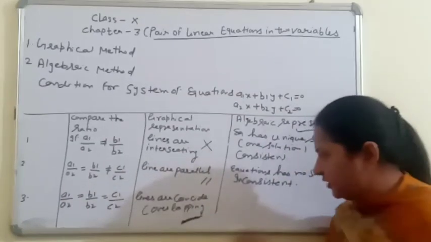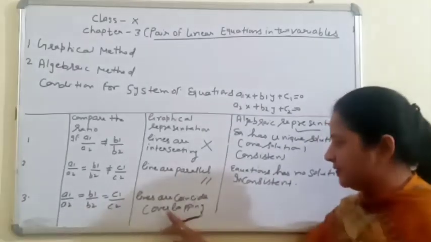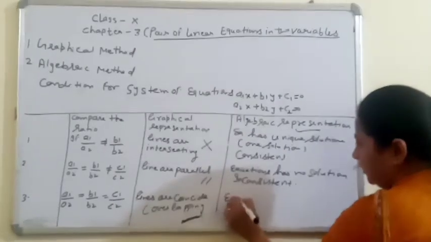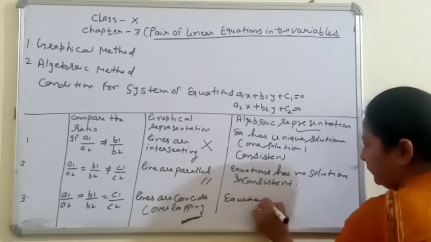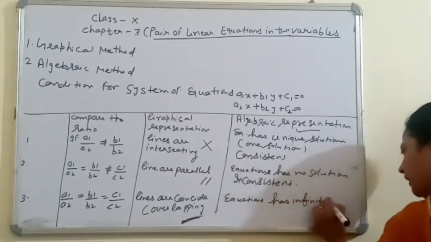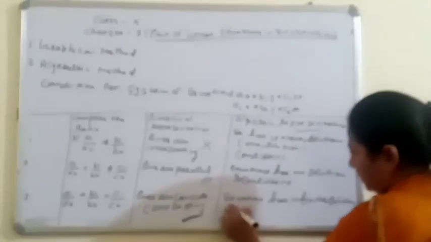One line lies on the other line. Algebraically, the equations have infinite solutions, and they are consistent.